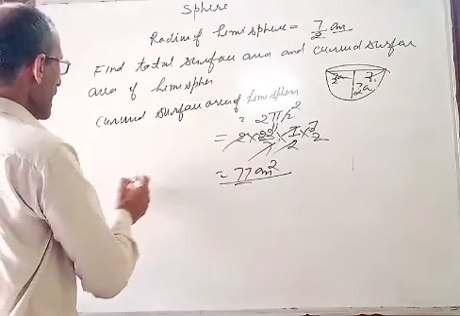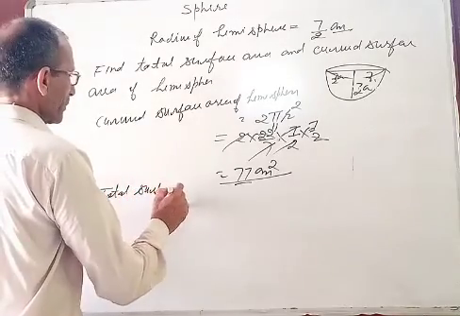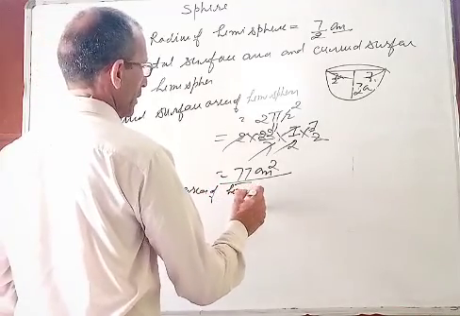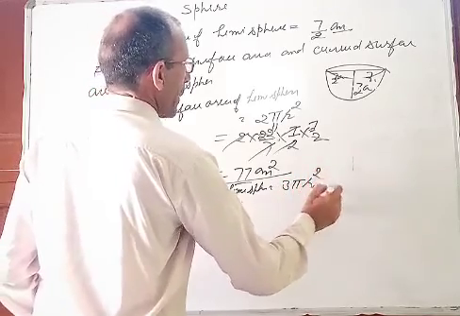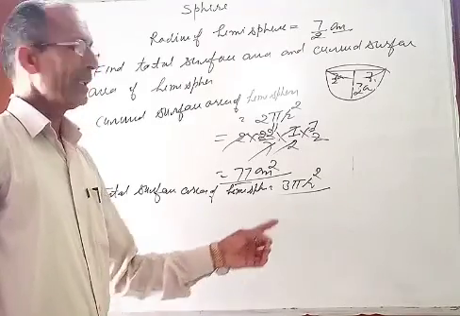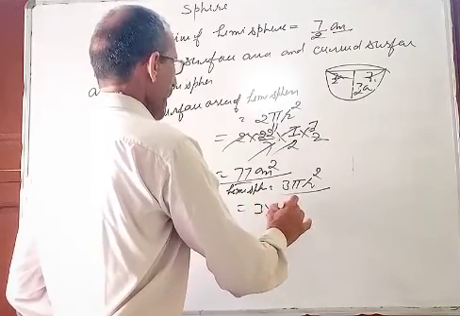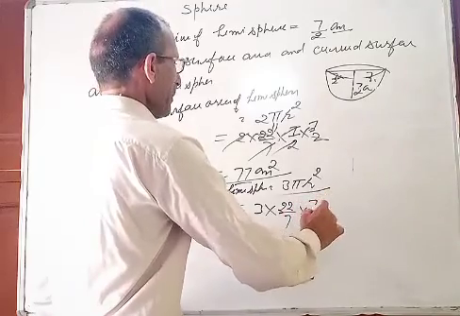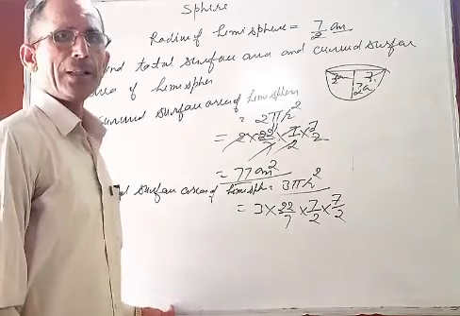Now the total surface area of the hemisphere. The formula is 3 pi r square. Total surface area of a hemisphere is 3 pi r square. 3 multiplied by 22 by 7. Radius is 7 by 2, 7 by 2. Is it clear?